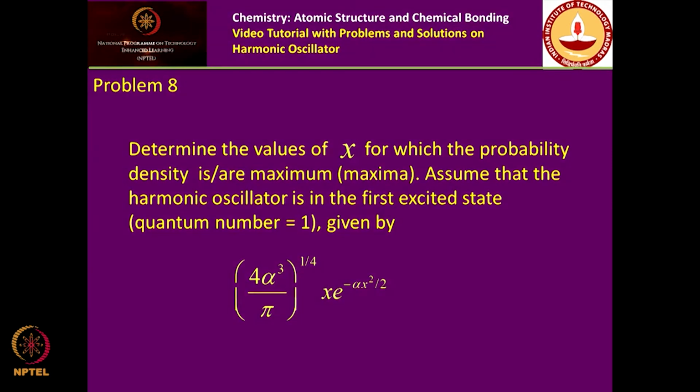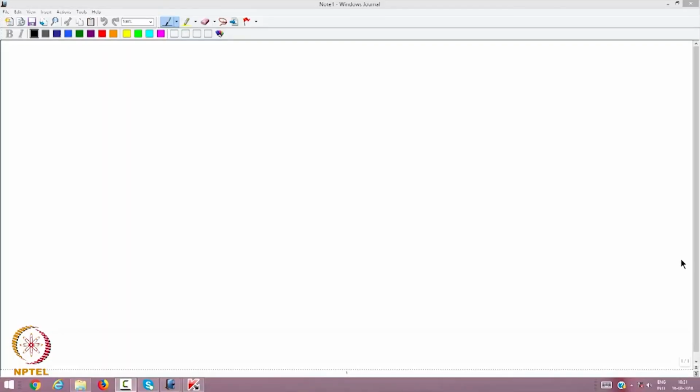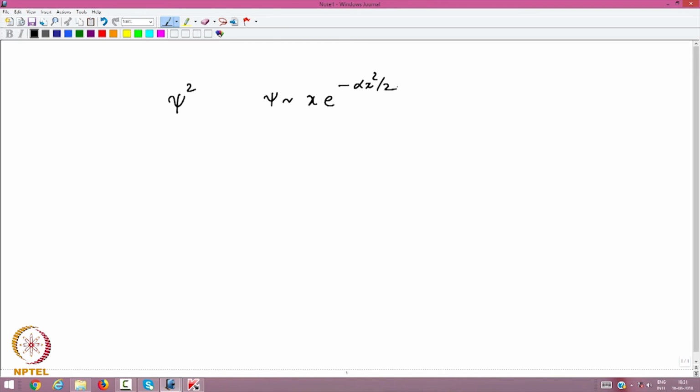So for calculating the maximum or minimum in the probability, we need psi squared, and psi is given as x e to the minus alpha x square by 2. Therefore, we have to take the derivative of psi square with respect to x.